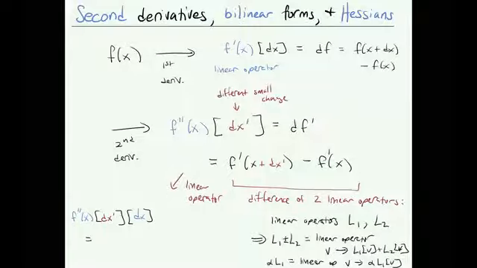And what it gives you is f prime of x plus dx prime acting on dx, minus f prime of x acting on dx.